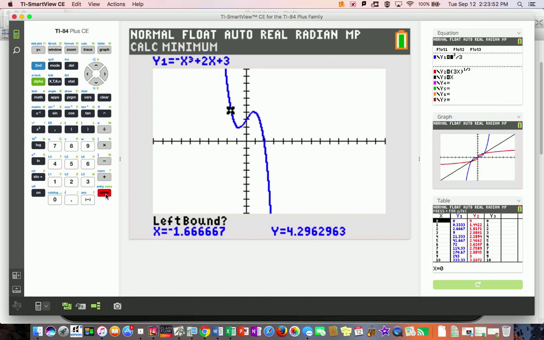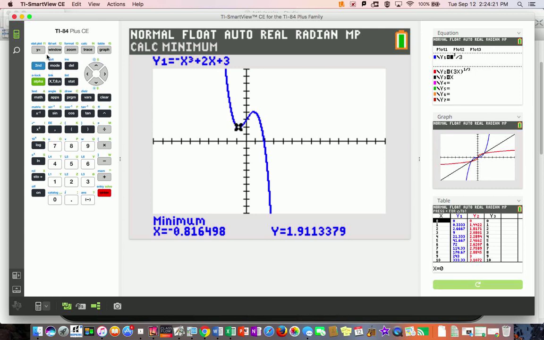So now I hit enter. Then I go to the right. Now I'm pretty close there, so I want to get away from the bottom, a couple clicks. That's good enough. Hit enter. When it says guess, you hit enter. So my minimum is located at about -0.8. The output is 1.9, but the minimum is located at an x value of negative 1.8.